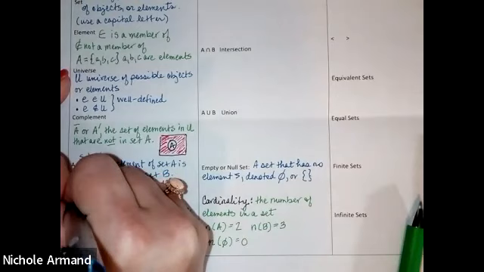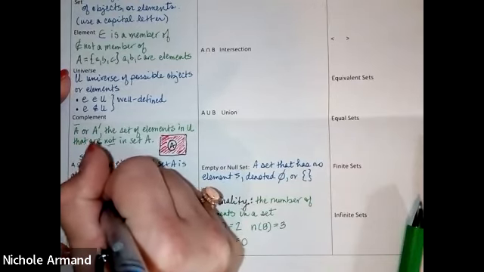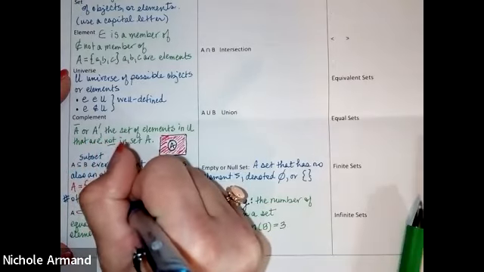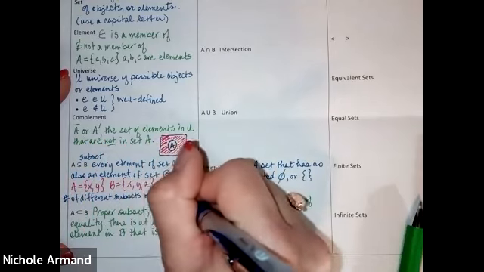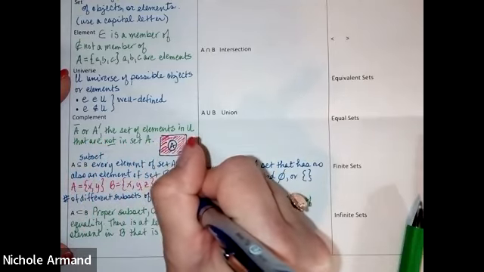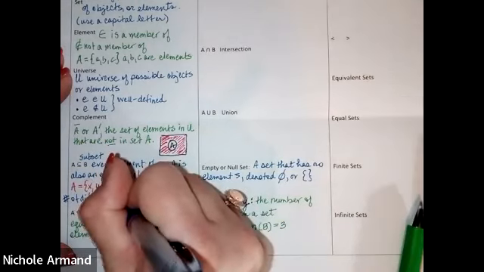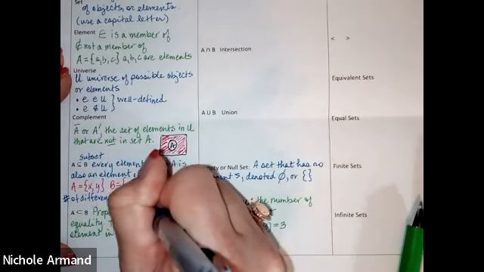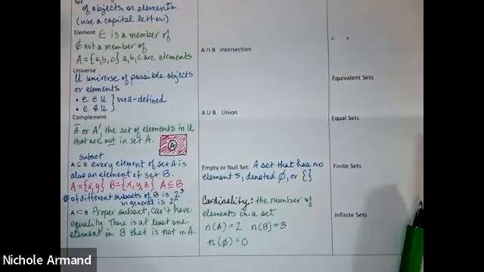The number of different subsets of B is 2 to the 3rd, because the cardinality of set B is 3. So in general, it's going to be 2 to the n. Just squeeze that in there.